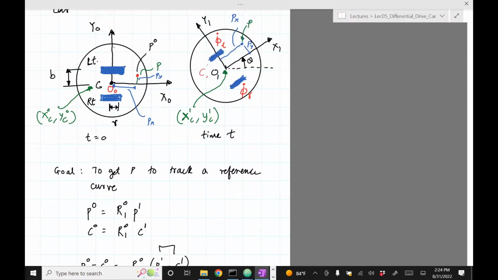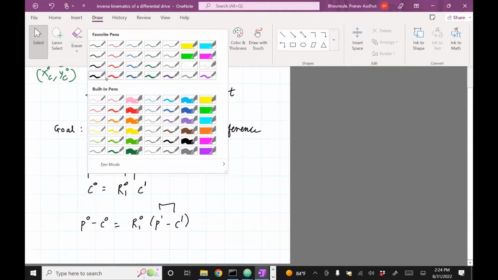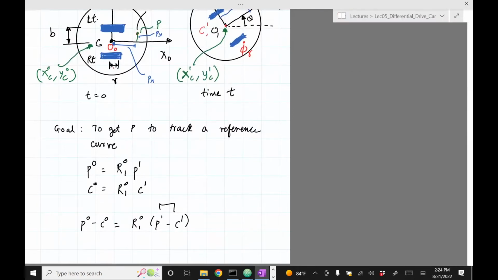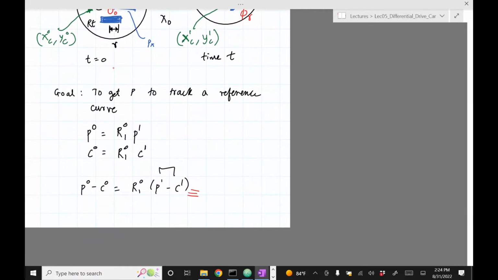This is C1, this is P1. The distance from P1 to C1 is nothing but Px and Py. So we can write that as Px, Py.